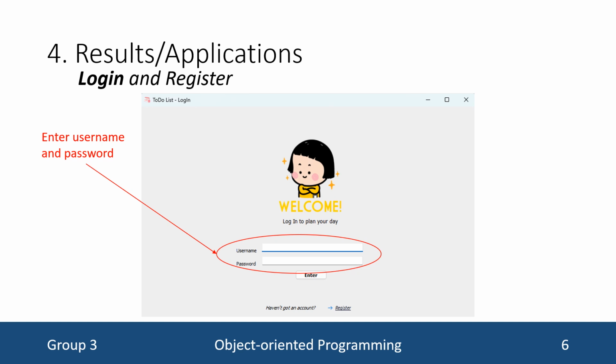Your password must be the same as the password when you registered your account. If your account is in the system, after clicking enter, you will be immediately redirected to the to-do list application.